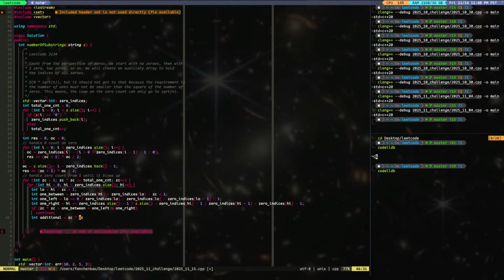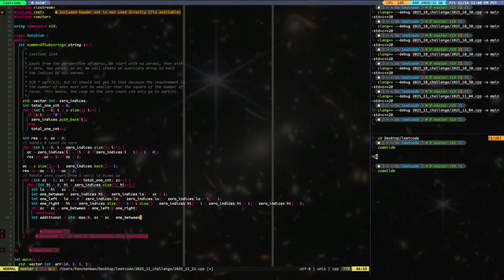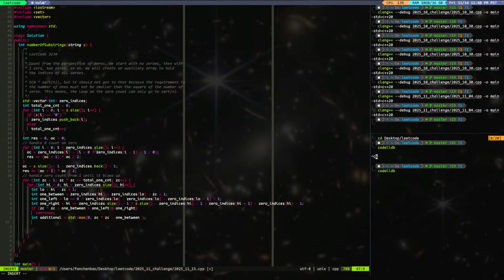So ZC times ZC minus 1 in between, right? 1 in between. But this might be a negative value, so we should do a max of 0 or this, right? So this tells me how many additional do we need, right? How many additional do we need? Okay, so we have the number of additional that we need.